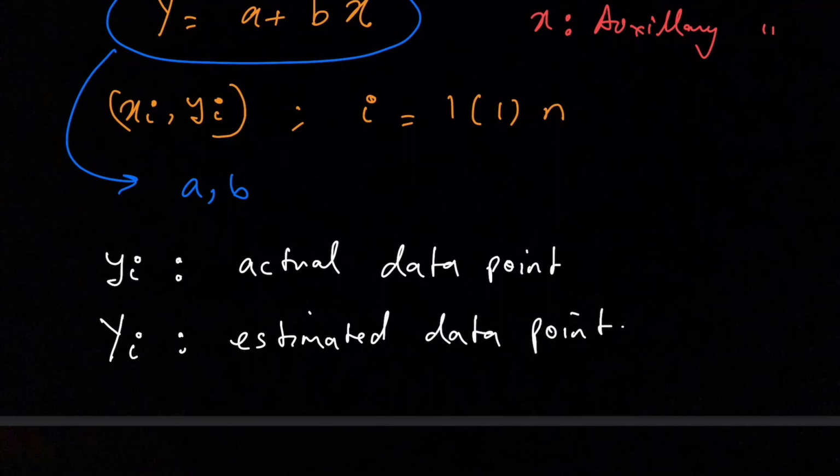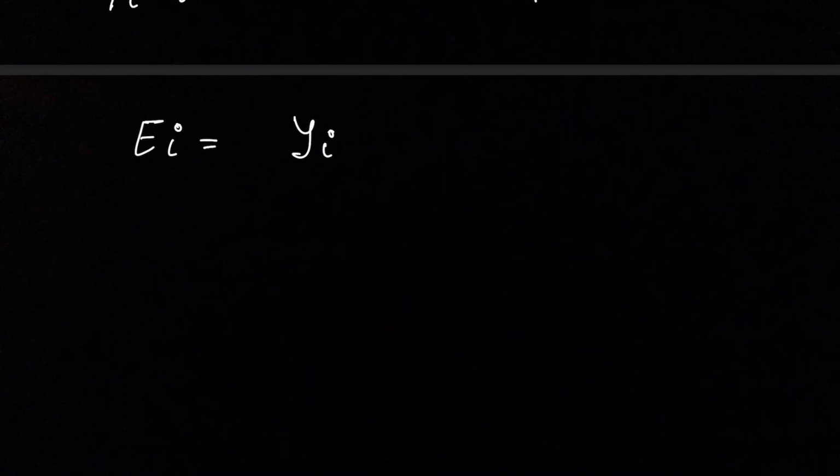Okay, so let's just start with the derivation. Any error that will be formed, the error ei would be nothing but yi, that is the actual data point, minus the estimated data point.